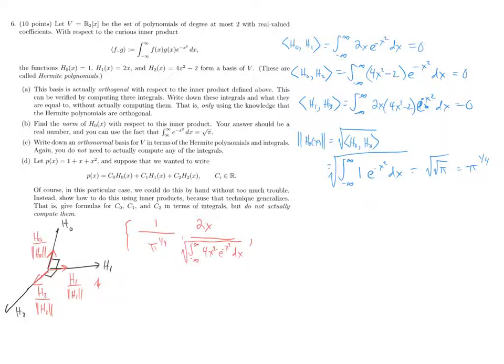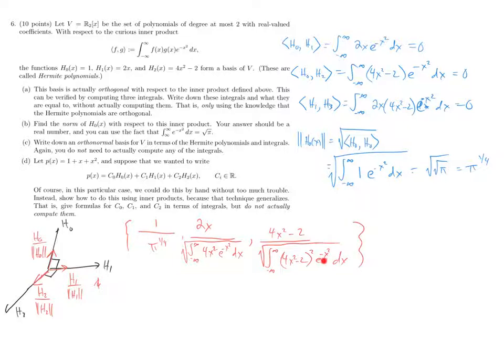And finally, the last one is H2, which is 4x squared minus 2 divided by the square root of the inner product of the function with itself. So now we have to integrate (4x squared minus 2) squared e to the minus x squared dx. And there is our answer.